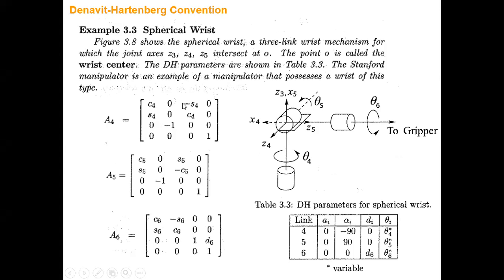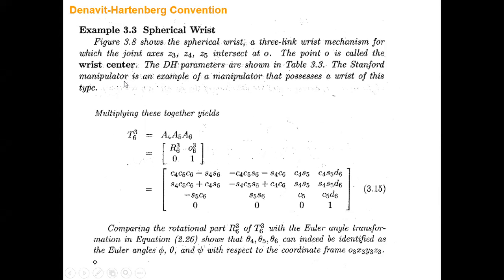So from here you get Z3, Z4, not Z4, you have to multiply these two. From here you get Z3, then you multiply this one with that one and you get Z4, then multiply all together and you get your final Z.